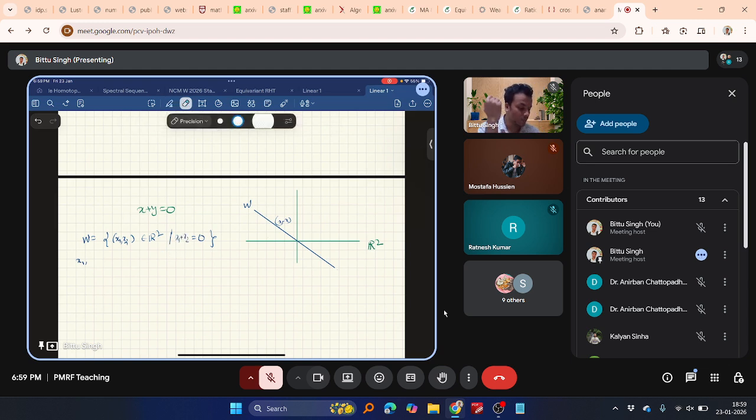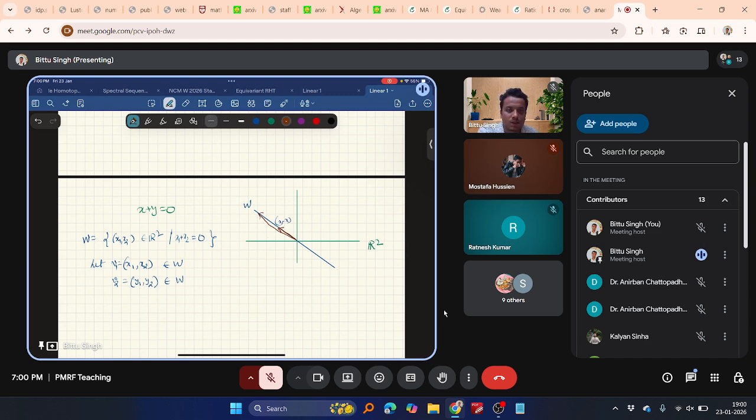So suppose x1 x2 is one vector v1 belonging to W, and another vector v2 is y1 y2, which also belongs to W. Then we can see their sum also belongs to the line.